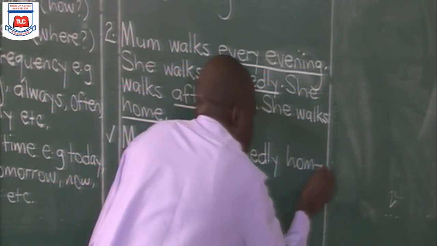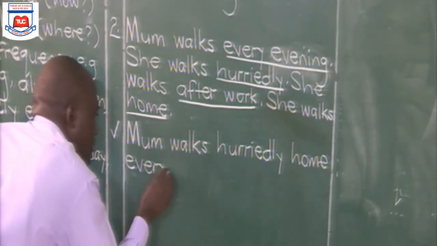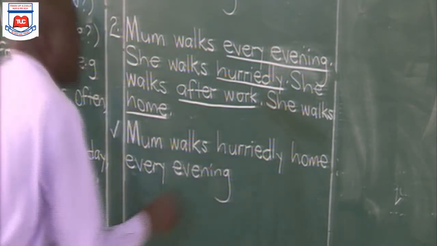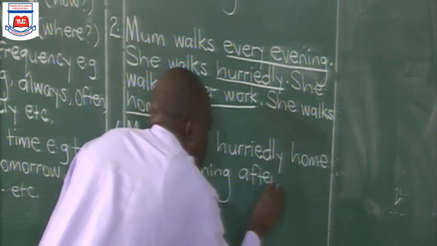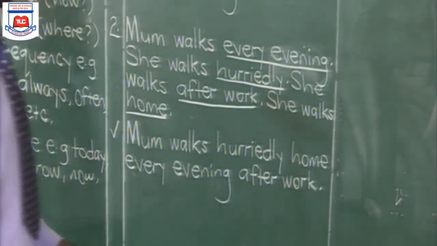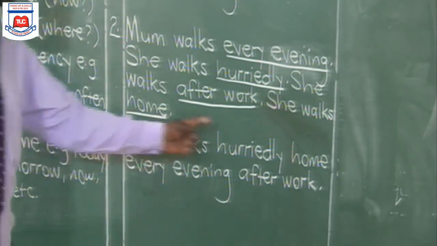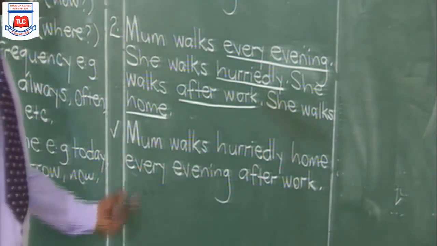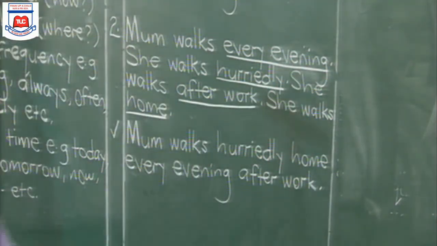Home. How often? Every evening. What time? After work. I said when you're arranging these adverbs, don't put the commas. Mom walks hurriedly. How does she walk? Hurriedly. Where? Home. When? Every evening, then after work. So that is the correct order.